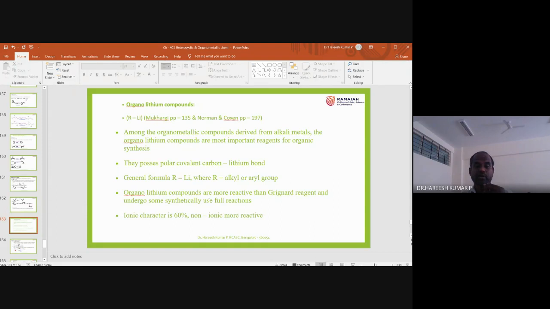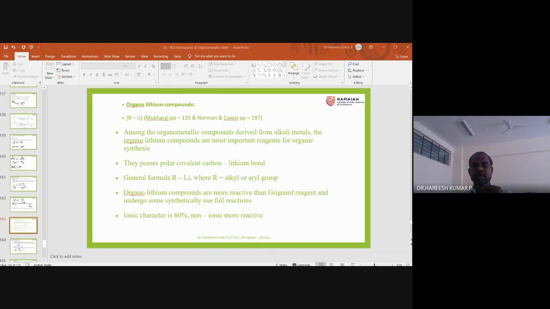I will tell you where it is applicable: where the Grignard reagent fails to react with a hindered carbonyl carbon, one can use organolithium. Since the size of lithium is less, it will go and react. Organolithium compounds are more reactive compared to organomagnesium because of the size.